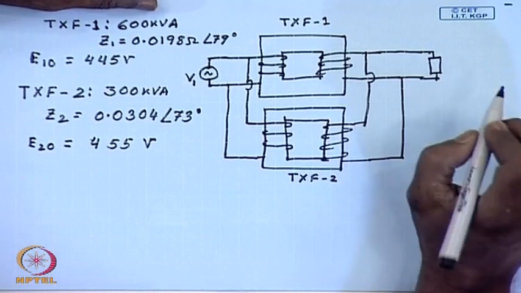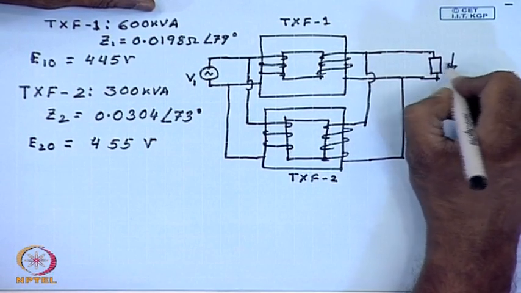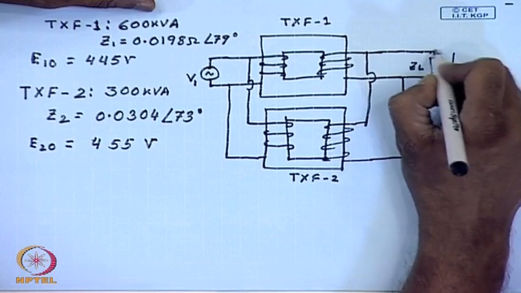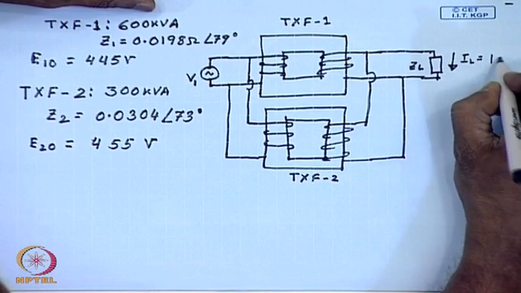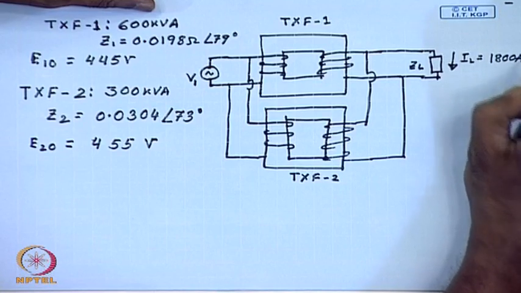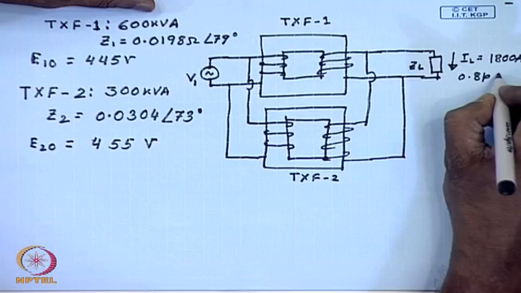They are connected in parallel and supplying a load current of 1800 ampere at a lagging power factor of 0.8 pf lag.